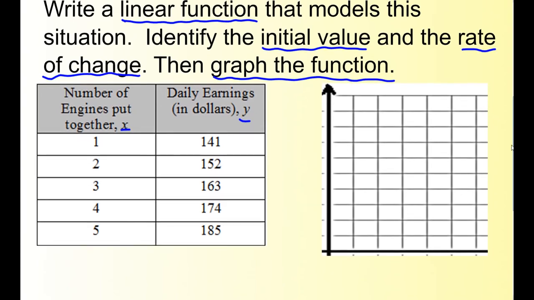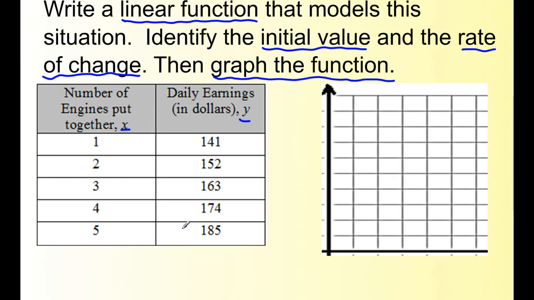Okay, so to write a linear function, back when we talked about this previously, we learned we had to have slope and hopefully a y-intercept or a point or something else we can use. Well, just from the information we have here in this table, we don't have a slope, we don't have initial value, we don't have the y-intercept, but we can find those things pretty easily.